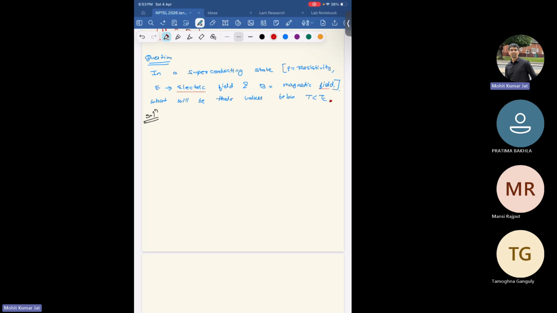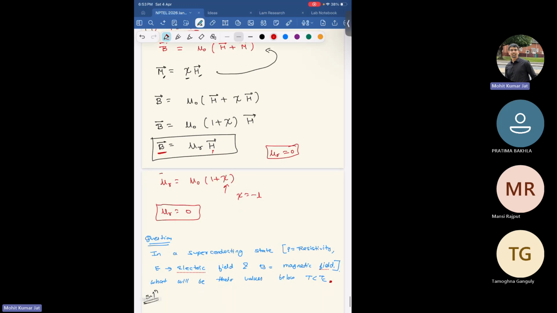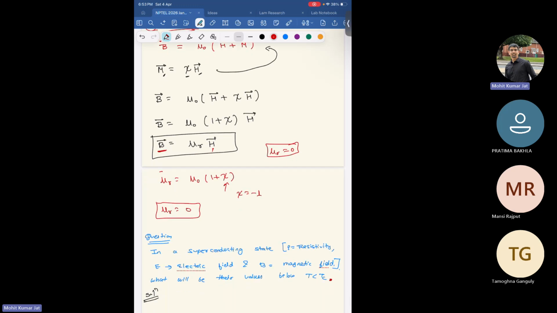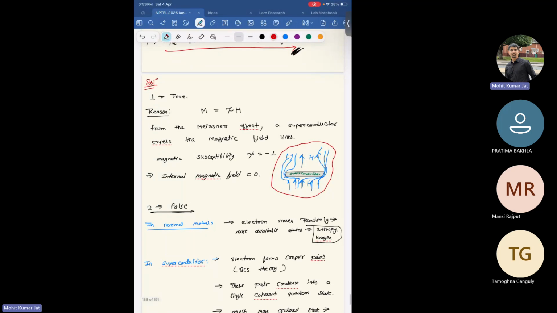So what is the Meissner effect? Okay. So if you have your superconductor, this is something interesting, and I discussed it also. I think you joined later in the class, but I'll just go here. This part, if you see, this is the Meissner effect portion which I discussed.